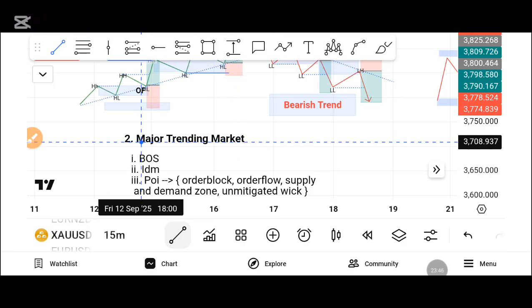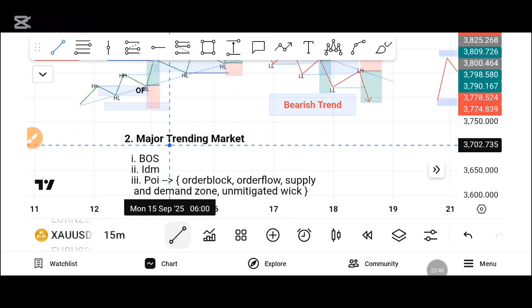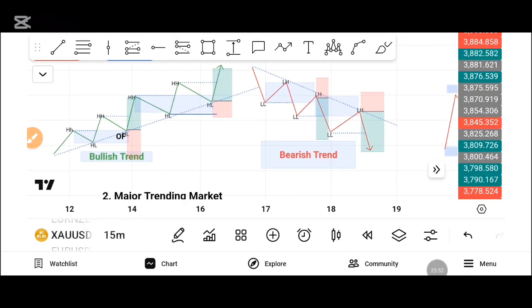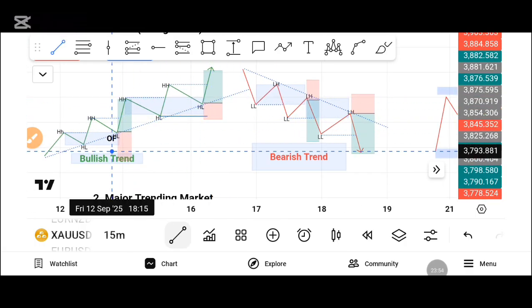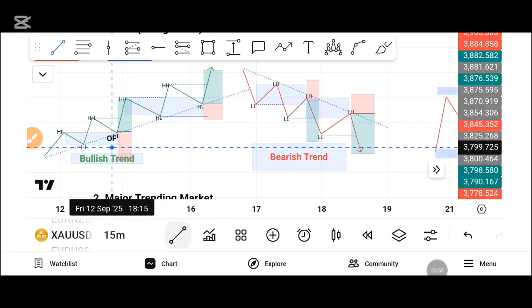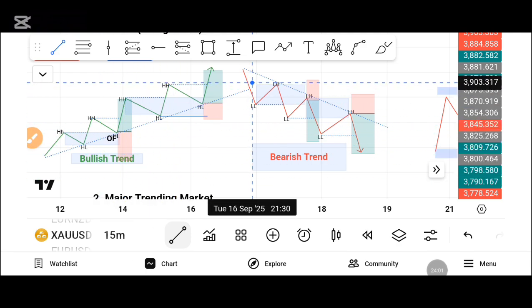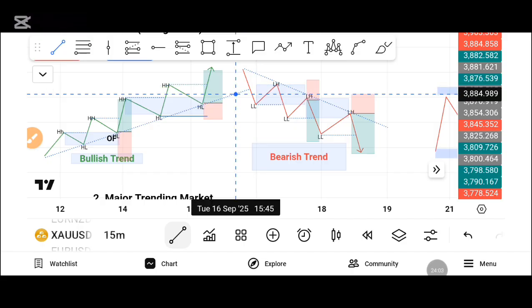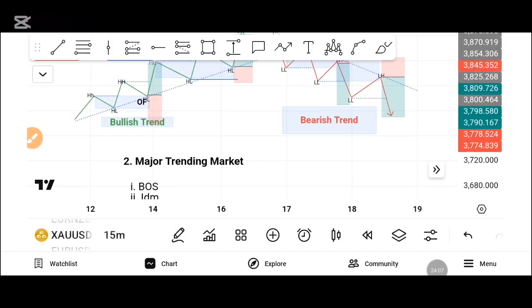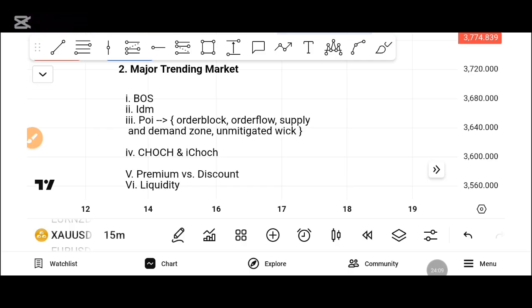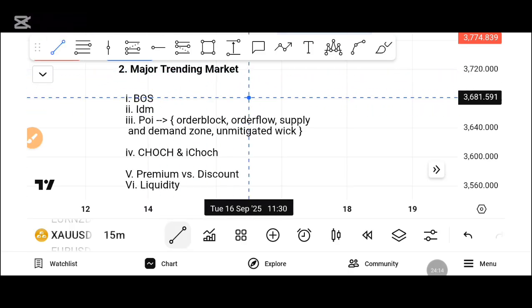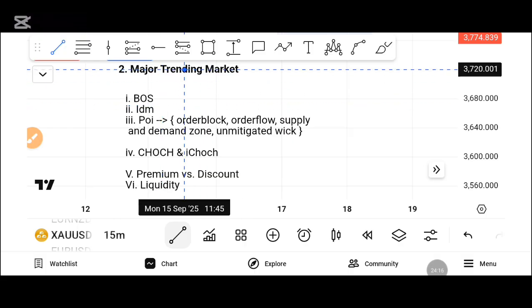This major trending market goes much deeper at this point. In a major trending market we don't buy from this point. This is a one swing movement. As we keep diving deeper, you will understand as we keep learning. So this is a major trending market, an advanced pattern.